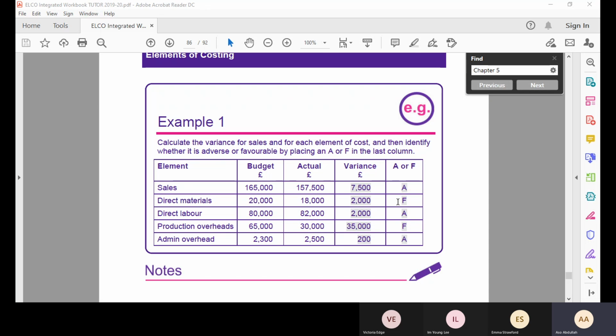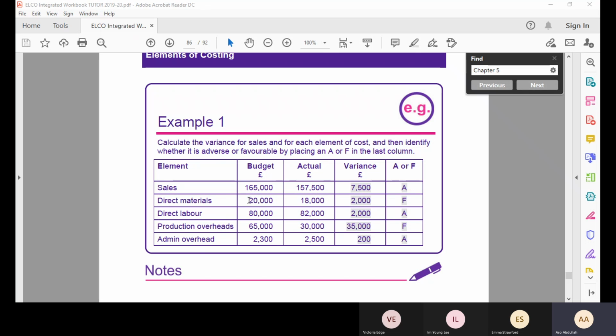However, in terms of expenses, the expenses are direct material, direct labor, production overhead, and administration overhead. These are all expenses. So always you try to keep your actual less than your budget, opposite to sales.